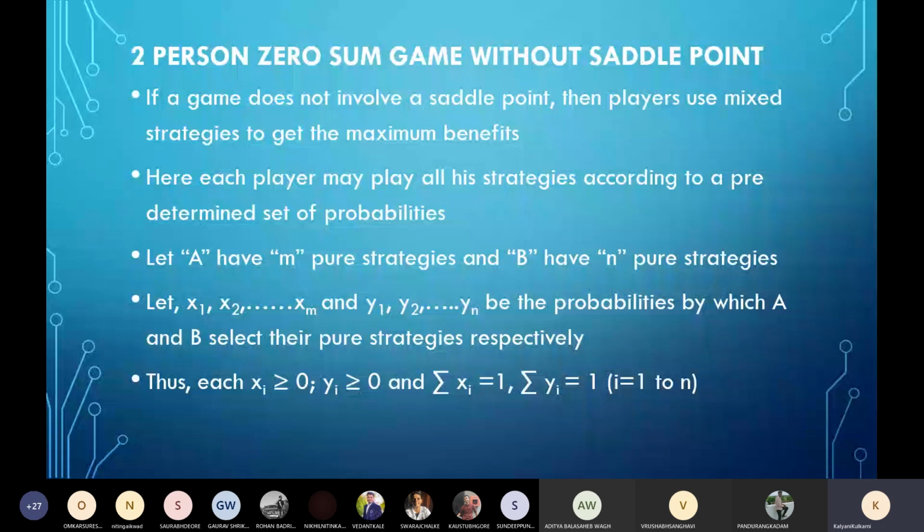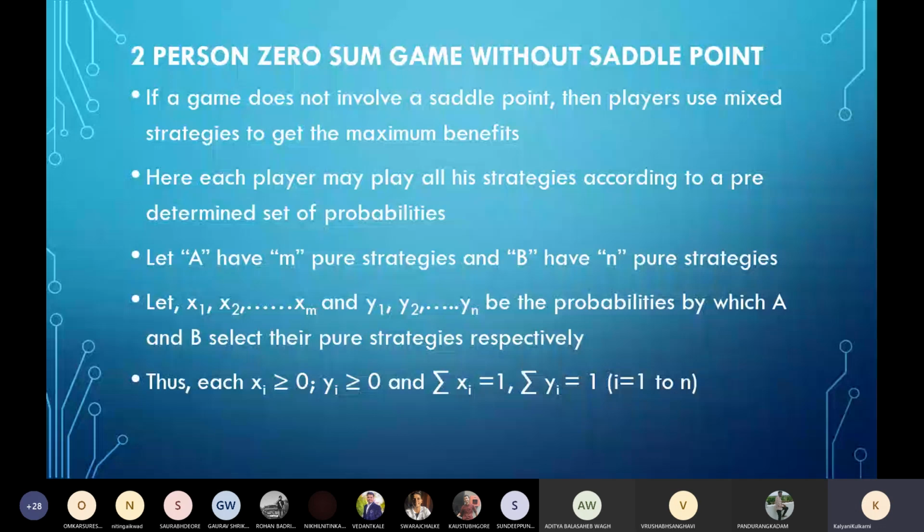Write down: if a game does not involve a saddle point, then players use mixed strategies to get the maximum benefits, that is, minimizing losses for one player and maximizing benefits for the other player.